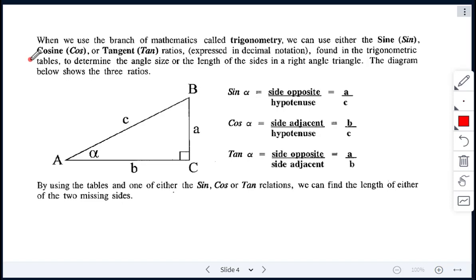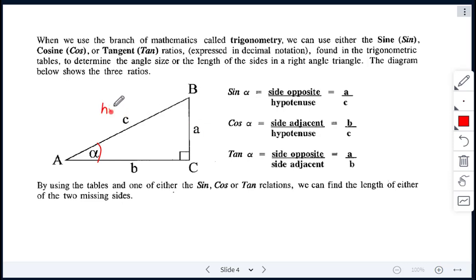So let's look at our first ratio, and we're basing our ratios on this angle here. This angle is called alpha. Sine alpha is opposite over hypotenuse.